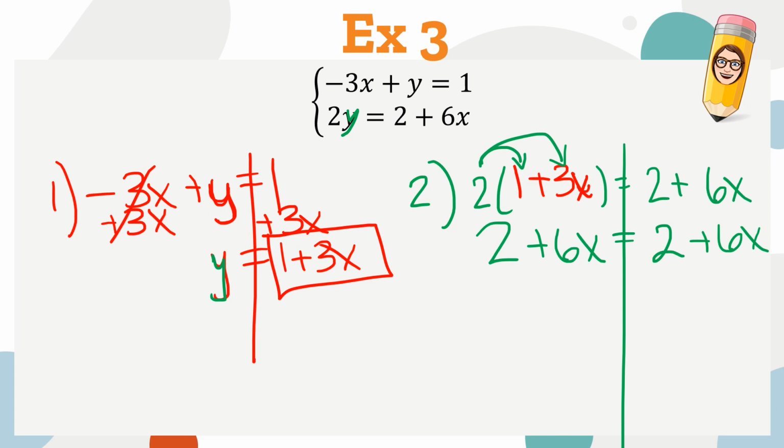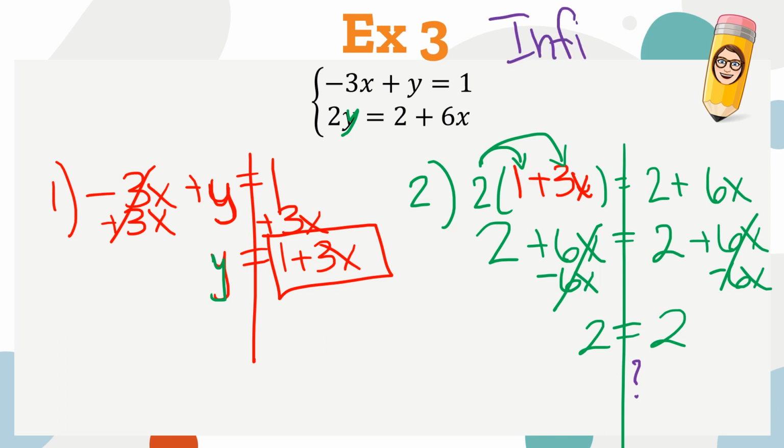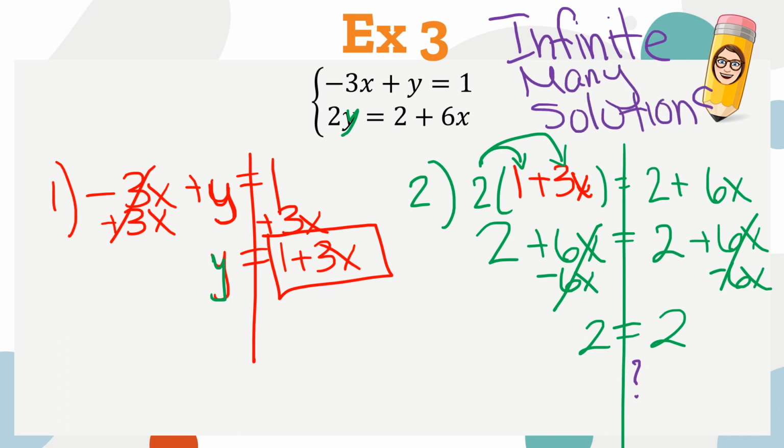Instead of a positive 6x, we're going to minus 6x. Wait a second, that makes both of them cancel. Do you see what happened there? Let's drop it down. I got a 2 and a 2. Does 2 equal 2? Yes, that's good. Because it's true, that's our infinitely many solutions. Make sure you write out the words.